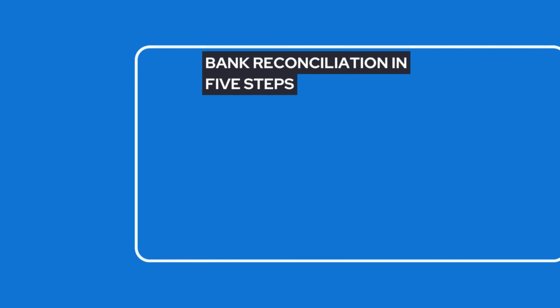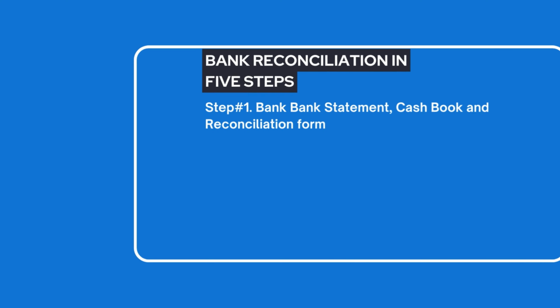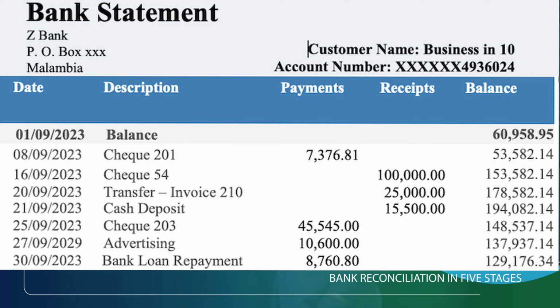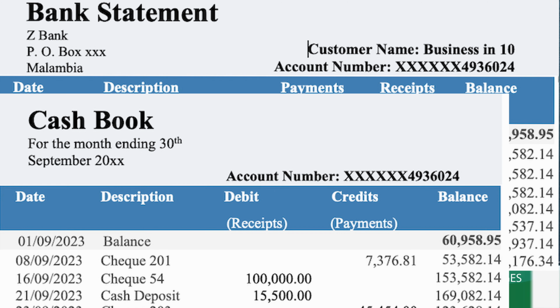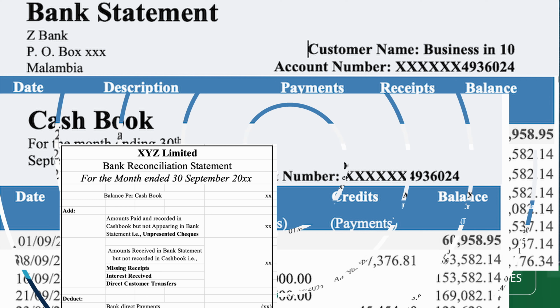Step number 1, get bank statement, cash book, and reconciliation form. Collect your cash book and reconciliation form and obtain bank statement from your financial institution. In my case, I have the bank statement, cash book, and reconciliation form.